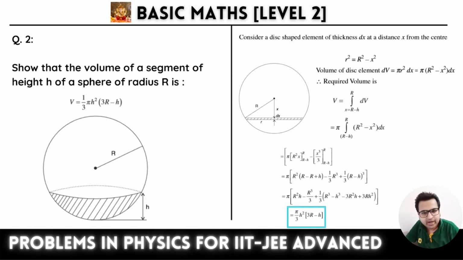So here we have a right angle triangle. Using Pythagoras theorem, we can very easily calculate small r. So small r square will be equal to capital R square minus x square.